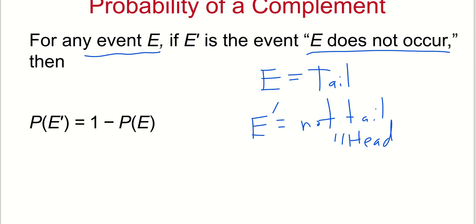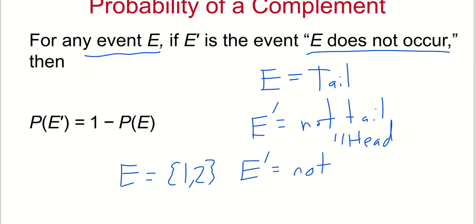Let me give you another example of a complement. If I roll a die, let's suppose that event E would be that of rolling a 1 or a 2. In that situation, E complement would be not a 1 or a 2. We can reword that a little differently. If I roll a die and I do not get a 1 or a 2, that's equivalent to saying that it must have been either a 3, a 4, a 5, or a 6.